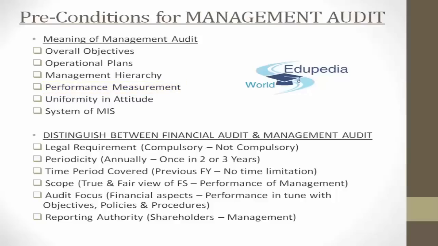The next thing is the uniformity of attitude. There should be very good coordination between the management auditor and various department heads. As the management auditor, you need to have great camaraderie with your department heads as well, because that is the best thing in this case. They will get the motivation, and be satisfied that you are actually working for them, for their benefit and betterment.